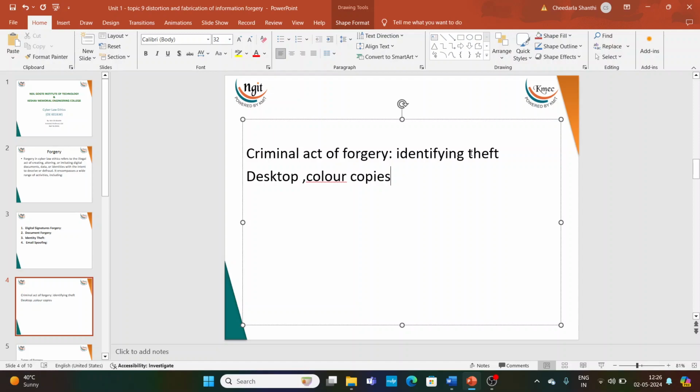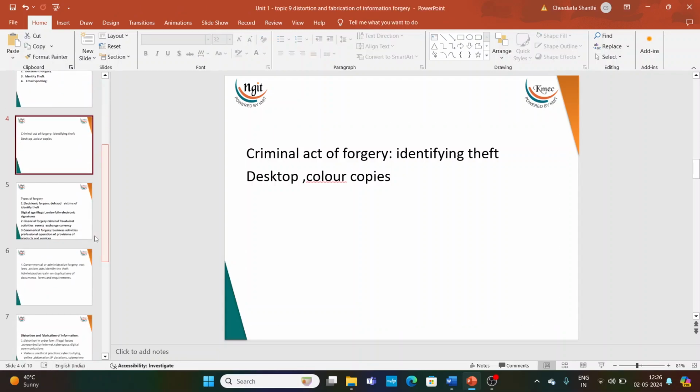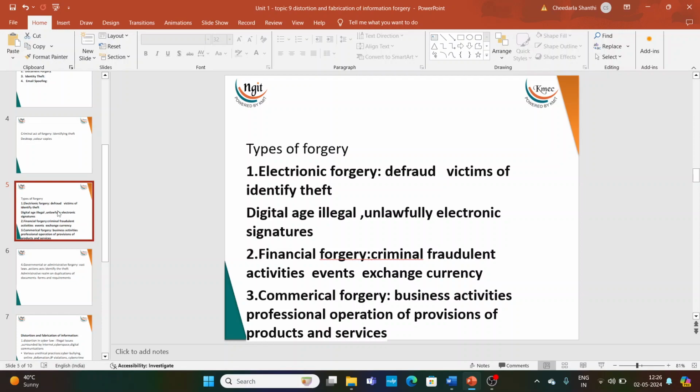Forgery can be of various types. There are four types of forgeries. One is electronic forgery. What happens in electronic forgery?